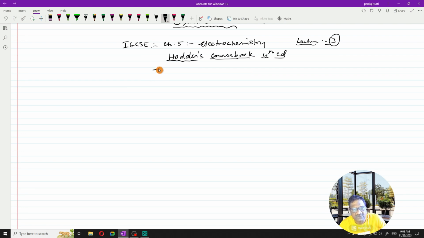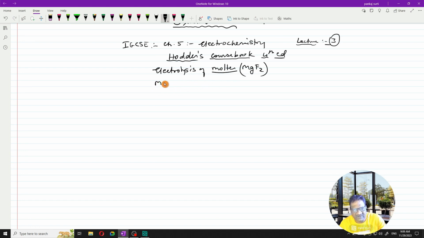So this is regarding electrolysis of molten magnesium fluoride. Magnesium fluoride will be MgF2. To understand this electrolysis of MgF2 in the molten state, there is no water involved, so there will be only two types of ions.